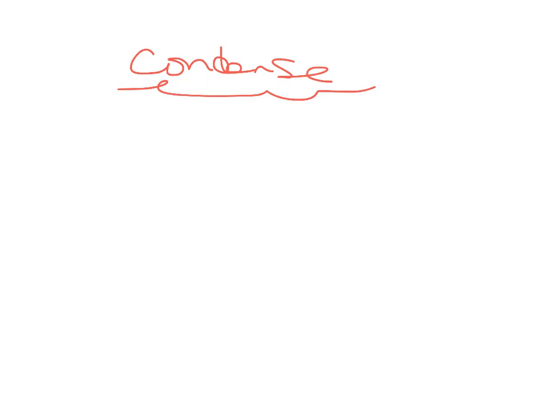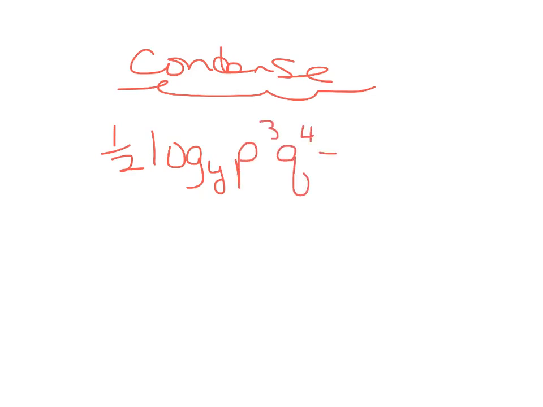So for this one, I have 1/2 log base y of p to the third, q to the fourth, minus 2/3 log base y of p to the fourth, q to the third. Now, I want to condense this so I only have the word log written one time.